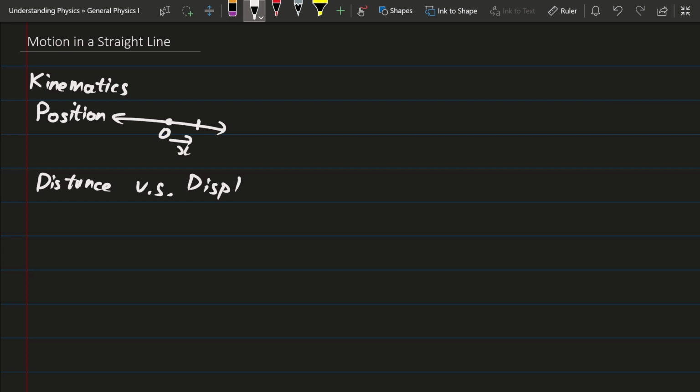The way that you could discuss this is that distance is how far you move, while displacement is how much change of position you have moved.